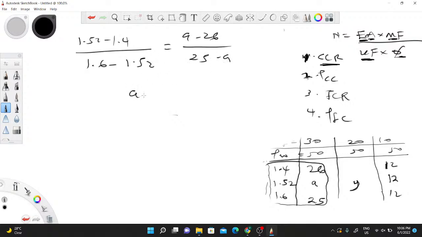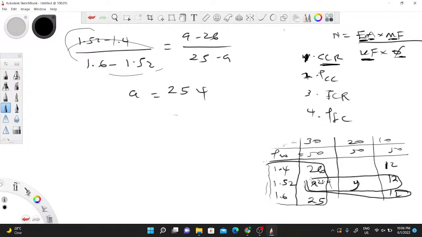So here you do your calculator work. You simplify this side and use your calculator to solve it. You will get your A to be equal to 25.4. So my A here is 25.4. Now I can use this here and this to find my Y at 20.